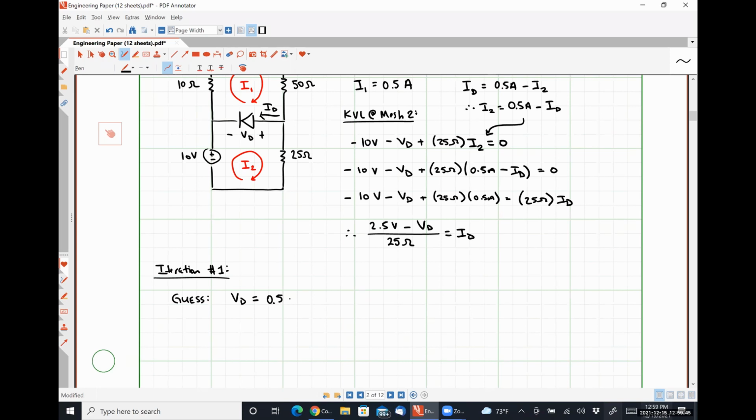So if we guess that our diode voltage VD is half a volt, then we can see that our diode current is simply going to be 2.5 volts minus half a volt divided by 25 ohms, which gives us a diode current of 80 milliamps.